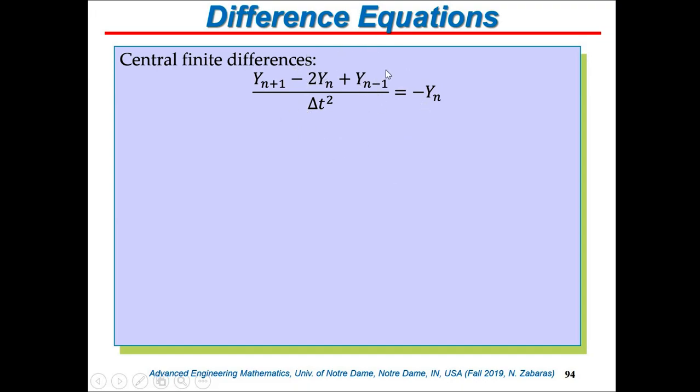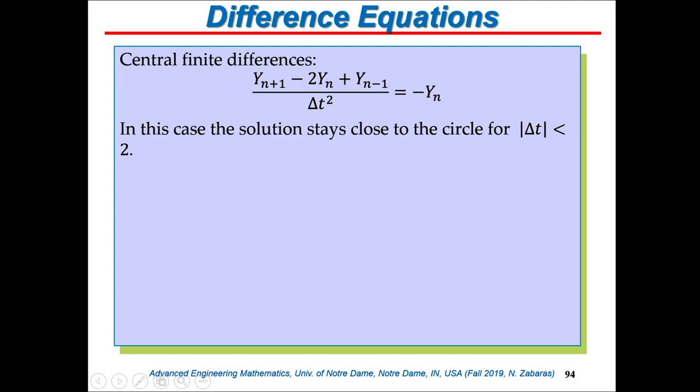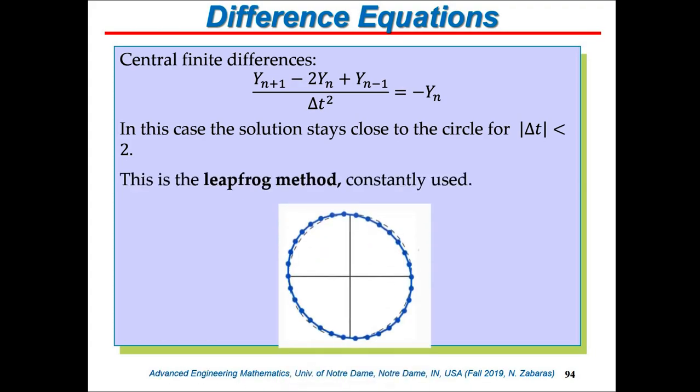And if you do a similar analysis to what I showed you, which I don't want to do for this equation as it will take us a little bit away from the course, you can show that if delta t is less than 2, then effectively the solution will stay close to the circle, and so it's stable.